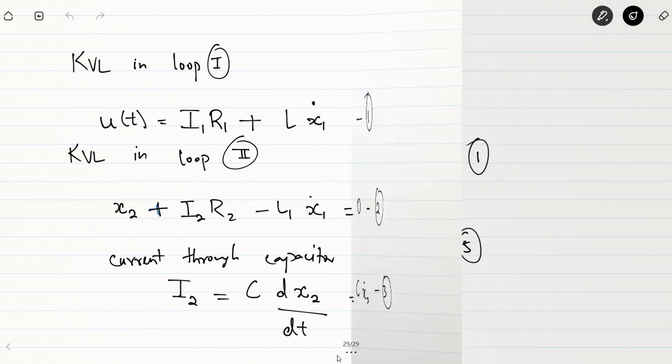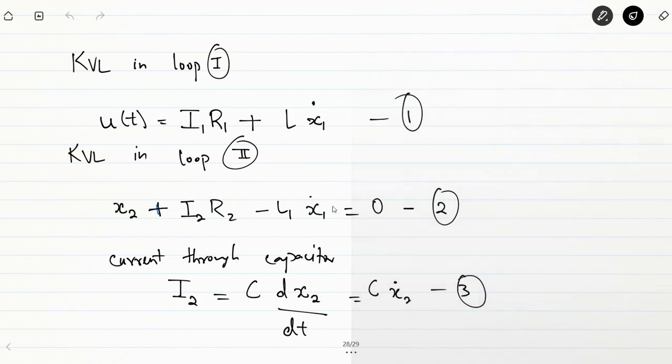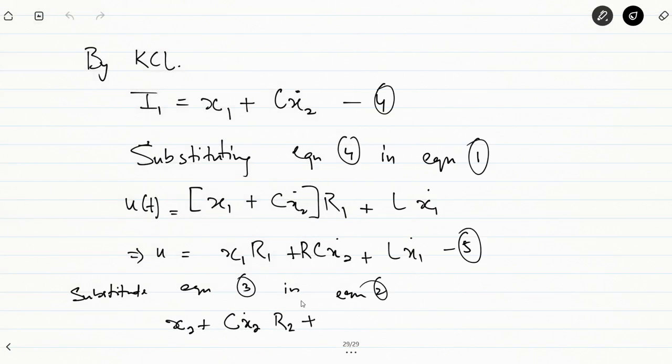So we'll be getting x2 plus I2, that's C x2 dot, into R2 minus L1 x1 dot is equal to 0. So this is equation number 6.